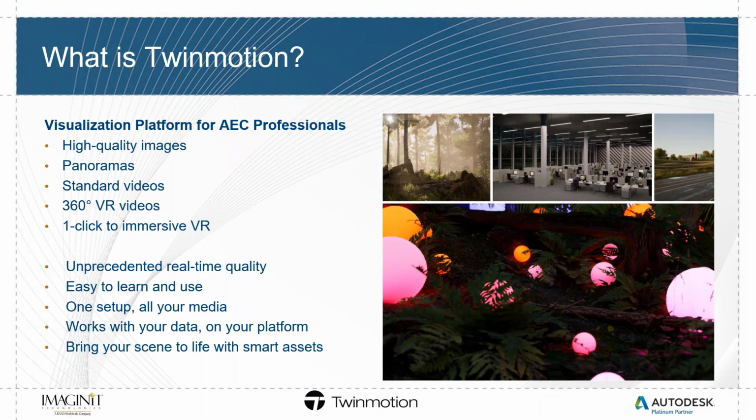And then a really great thing that Twinmotion does is one click to immersive VR. So if you do have a VR headset, you can connect it right into your computer, hit a button in Twinmotion, and you're fully immersed in the scene that you're creating and building.